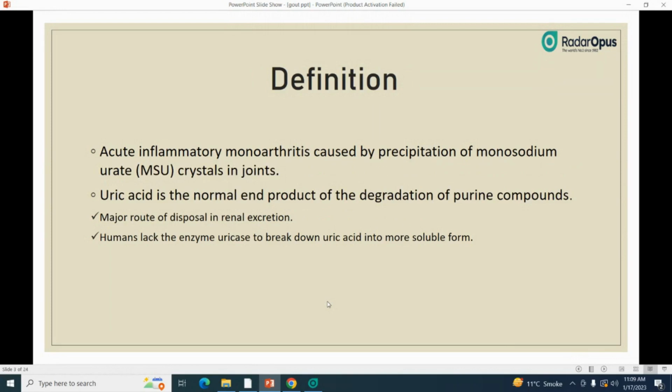Gout is a form of inflammatory arthritis that results from an excess of uric acid in the blood. Among people with gout, 90% have kidneys that don't adequately remove uric acid from their urine, while 10% have high uric acid levels because they produce too much uric acid.